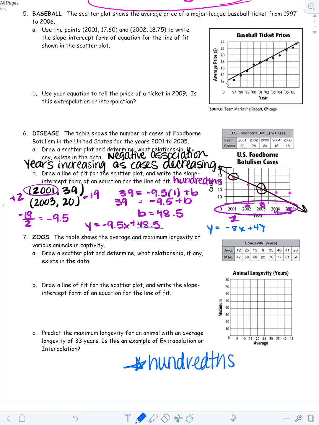You are able to write your slope as decimals for this so that we can compare. But you need to have your equation in y equals mx plus b form. Okay, so write down any questions you have so we can talk about them tomorrow in class and clean anything up together so that we can move forward with line of best fit.